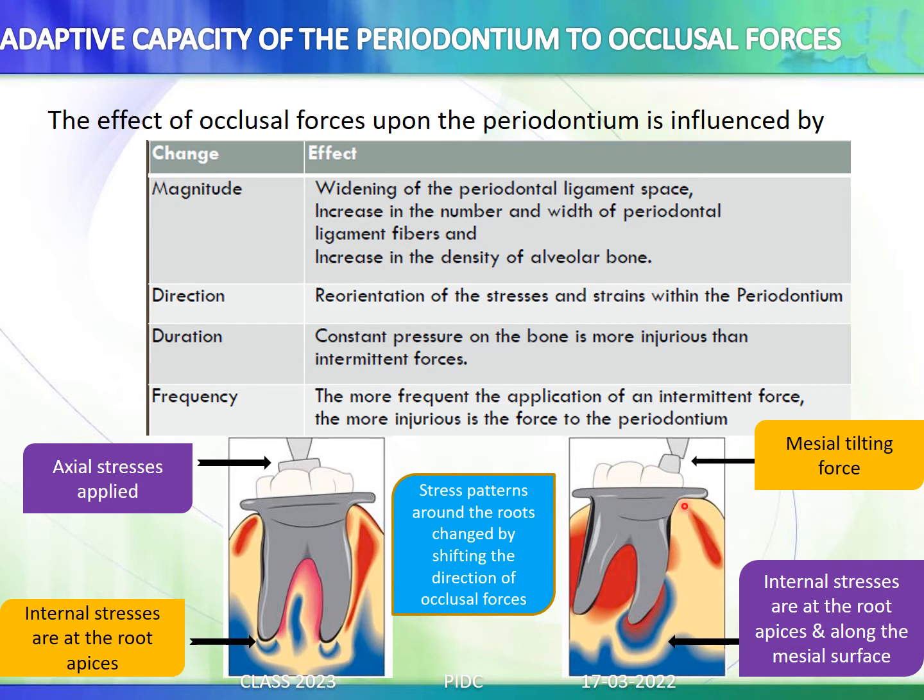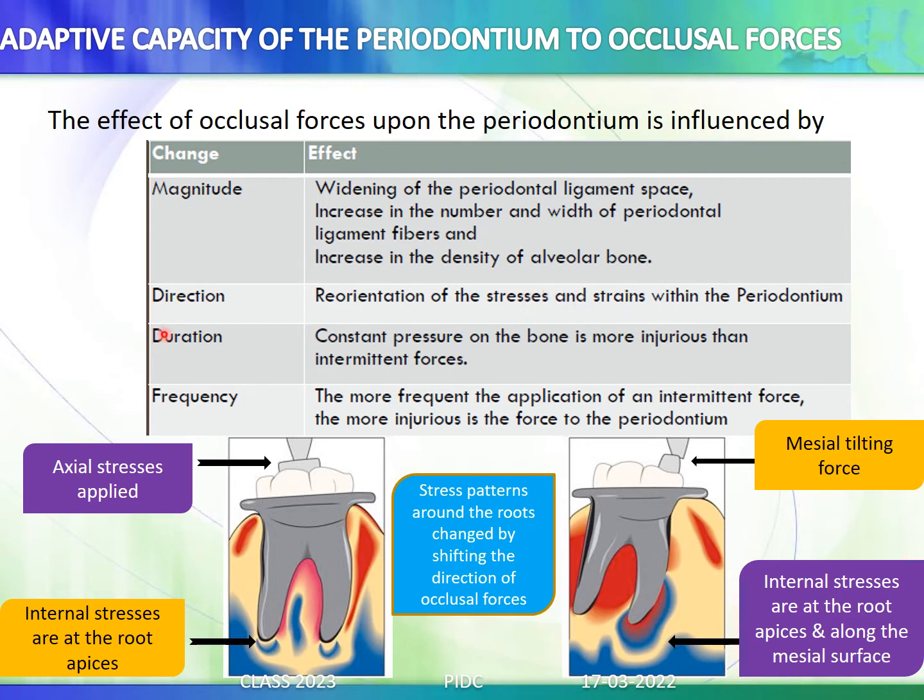But when there is a mesial tilting force, that is, force on only one side, the internal stresses are concentrated along the mesial surface only. Gradually this surface will have more force applied and more destruction than the other sides. So if there is a change in direction, there is a reorientation of stresses and strains within the periodontium.